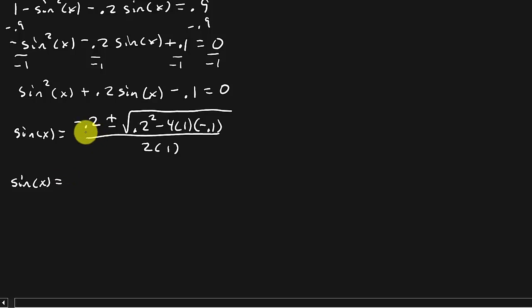So this is basically negative 0.2 plus this, divided by 2. When I do that, I get 0.2317, rounded to 4 decimal places. Or I get sine x equals negative 0.2 minus the square root of this, and all of that divided by 2. That's going to give me negative 0.4317. All right, so there we go.